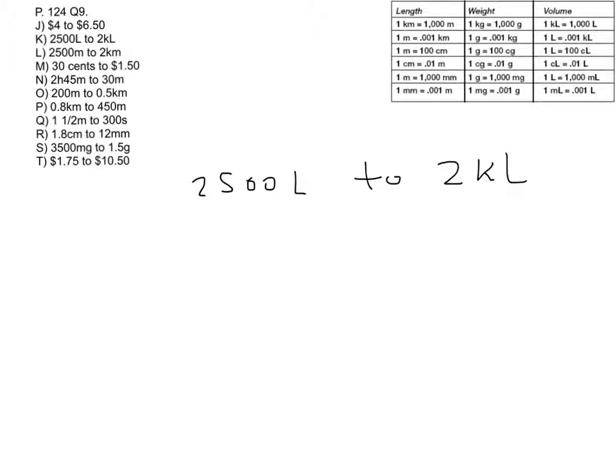So in this case, we know that there is 1,000 liters in 1 kiloliter, but we have 2 kiloliters here. So that means we need to times this by 1,000.